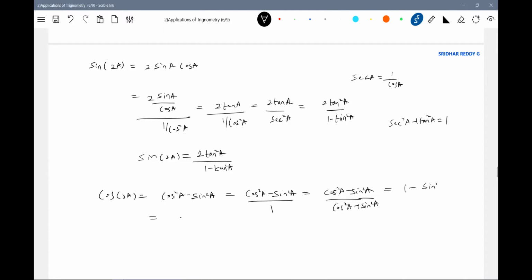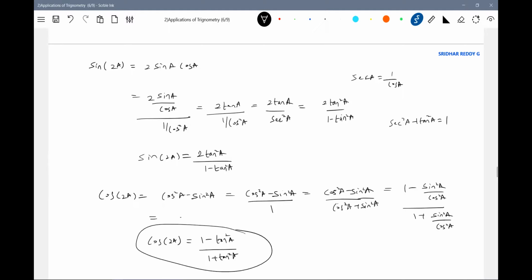So 1 minus sine square A by cos square A over 1 plus sine square A by cos square A. Therefore cos 2A is equal to (1 minus tan square A) over (1 plus tan square A). So there's a relation between cos 2A and tan A, and sin 2A and tan A.